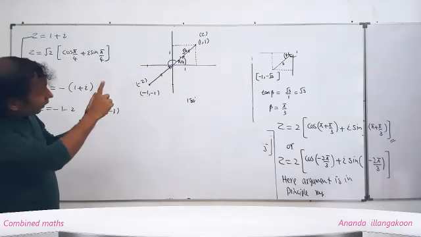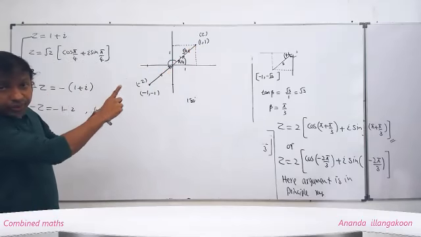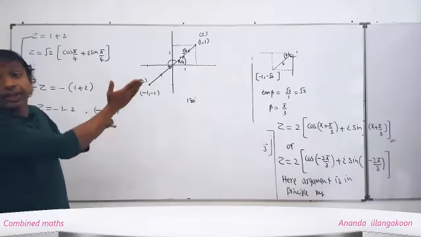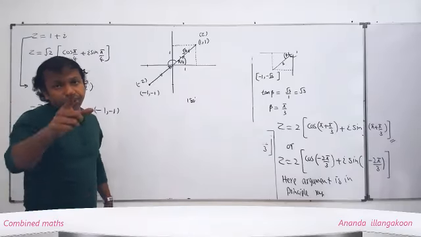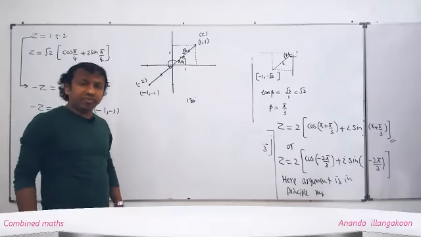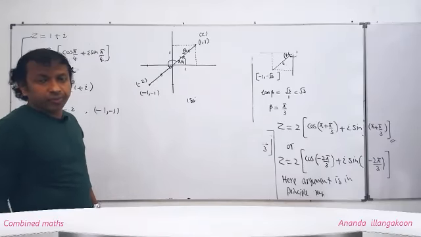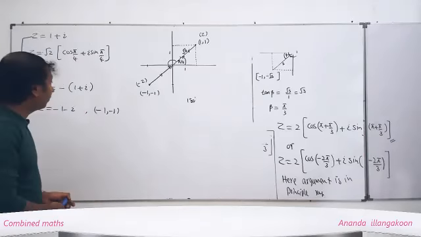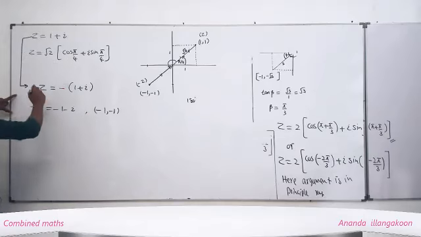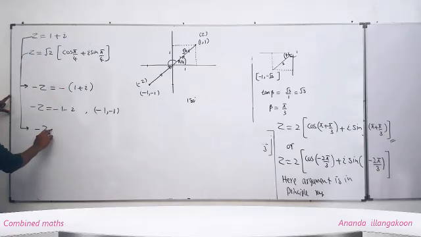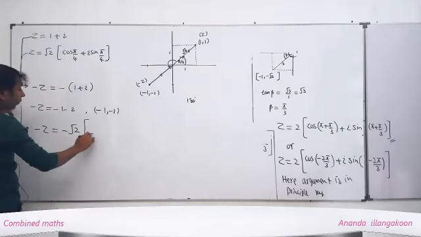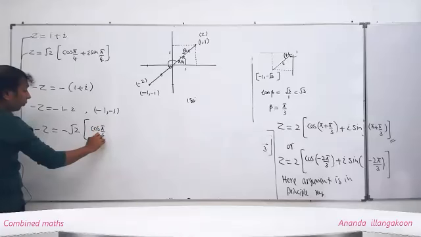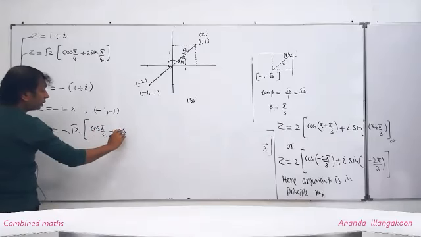Or else the line segment which represents z should be rotated about the origin by an angle 180. That rotation can easily be obtained, people, like this. Now I take this one. When I multiply that by minus, we get minus z equals minus √2 cos pi by 4 plus i sin pi by 4.